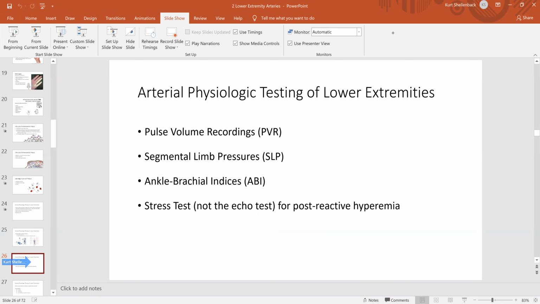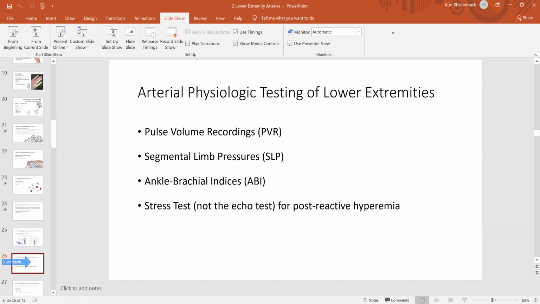Cyanotic toes, not blue toe in the case of a sudden embolism, but more cyanotic as in it's blue because there's not enough blood in there. Ulceration, non-healing wounds, blue toe syndrome, that specifically is an embolus.